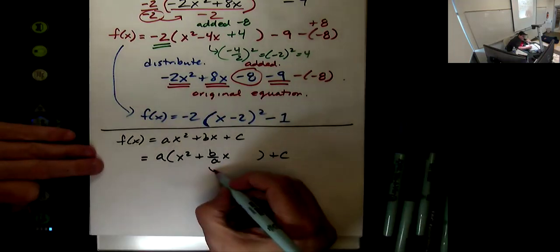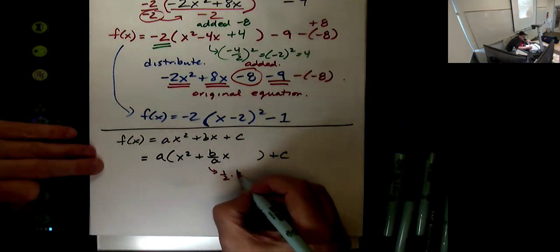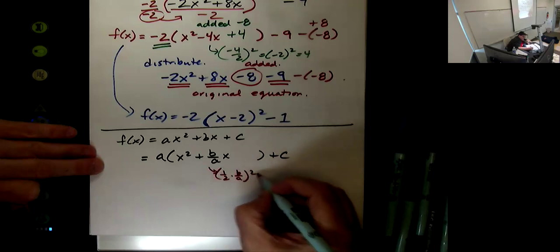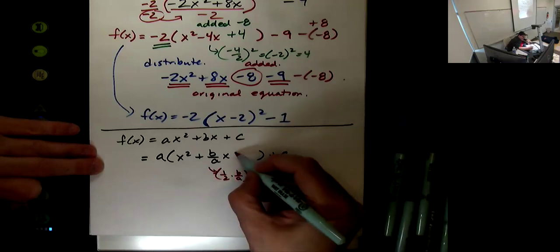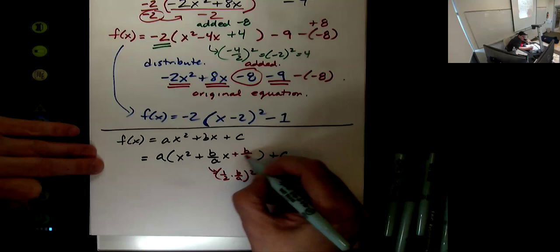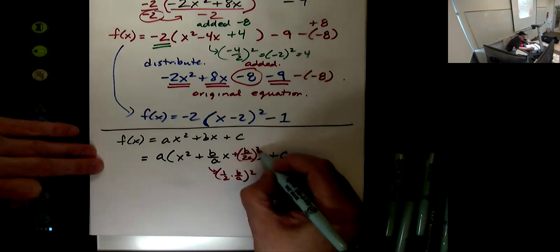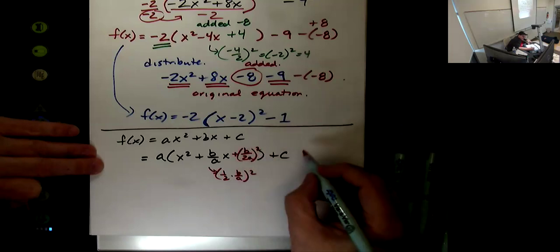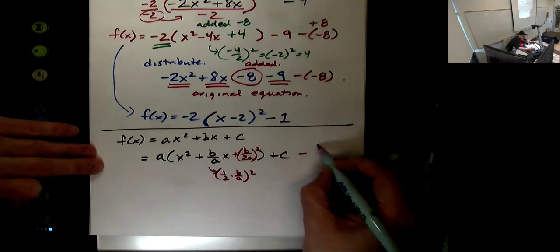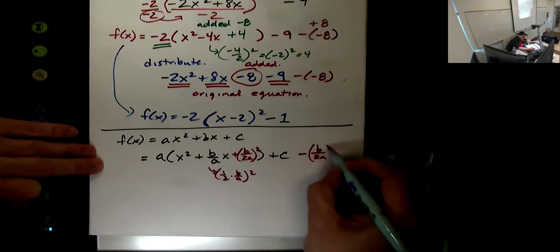We multiply that by 1/2 and square it. I am adding plus b over 2a squared. And so I'm going to subtract b over 2a squared.